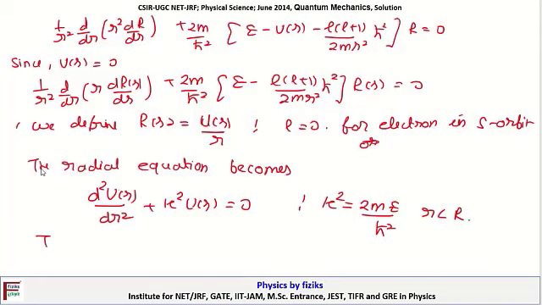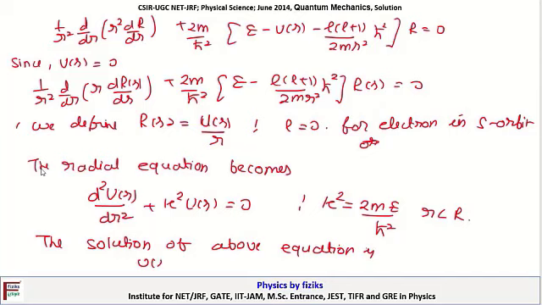The solution of our equation is u(r) equals A sin kr plus B cos kr.